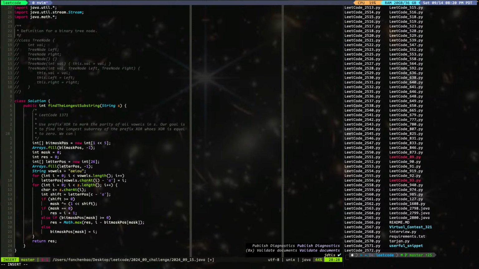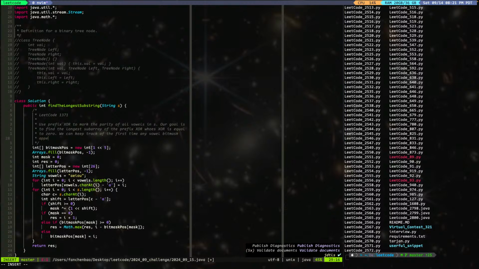We can keep track, right, of the first time any vowel bitmask appears.